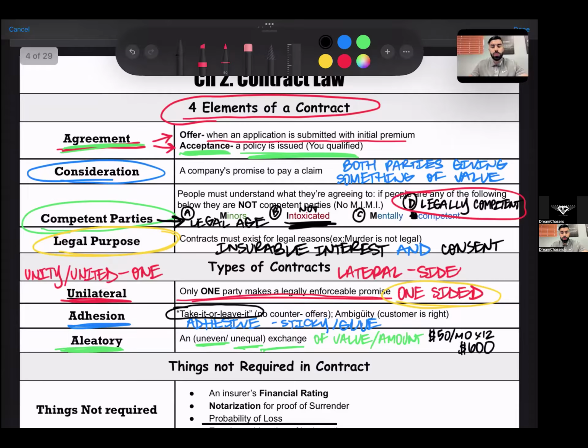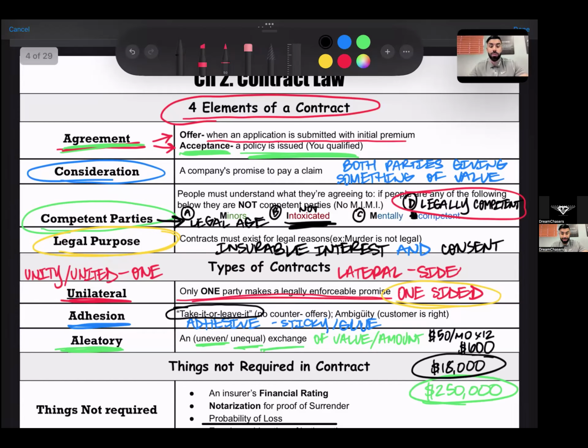In 20 years, that'll be $12,000. In 30 years, that'll be a total of $18,000. But let's say your life insurance coverage is $250,000. So think $250,000 that the company's going to pay out, and all you paid over the course of those 30 years of having the policy is a total of $18,000.